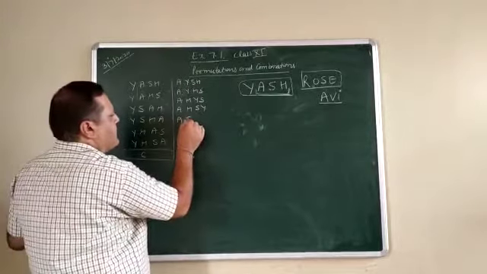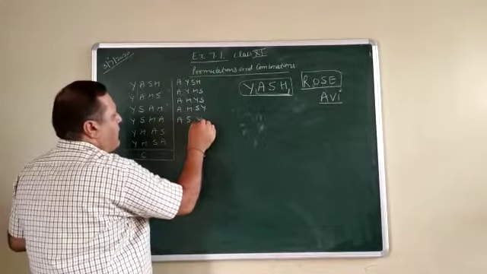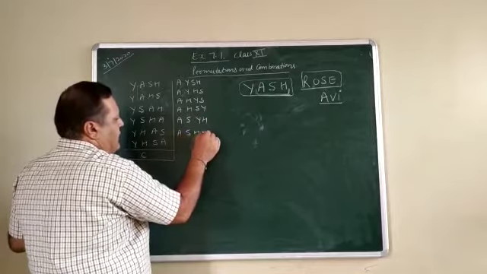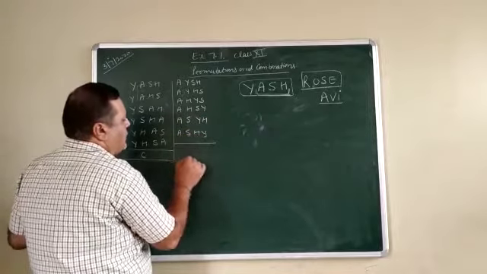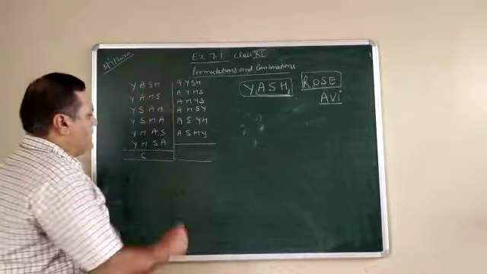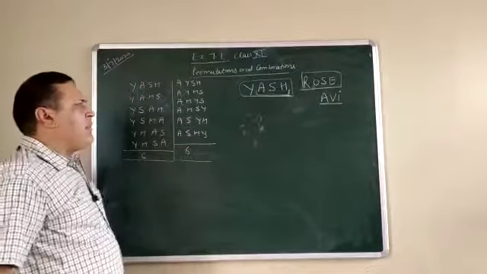Only S. A, S, Y, H, and A, S, H, Y. Again you observe there are 1, 2, 3, 4, 5 and 6: again 6 different words.